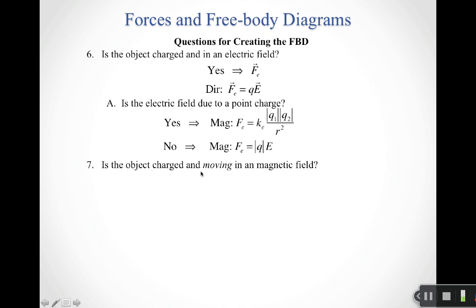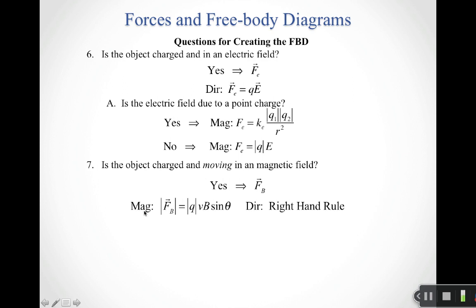Next question: is the object charged and moving in a magnetic field? If that's the case, then I'm going to have a magnetic force. And B, even though this seems completely unreasonable, B is the letter that we use for talking about the magnetic field. So F sub B is a way of saying the magnetic force.